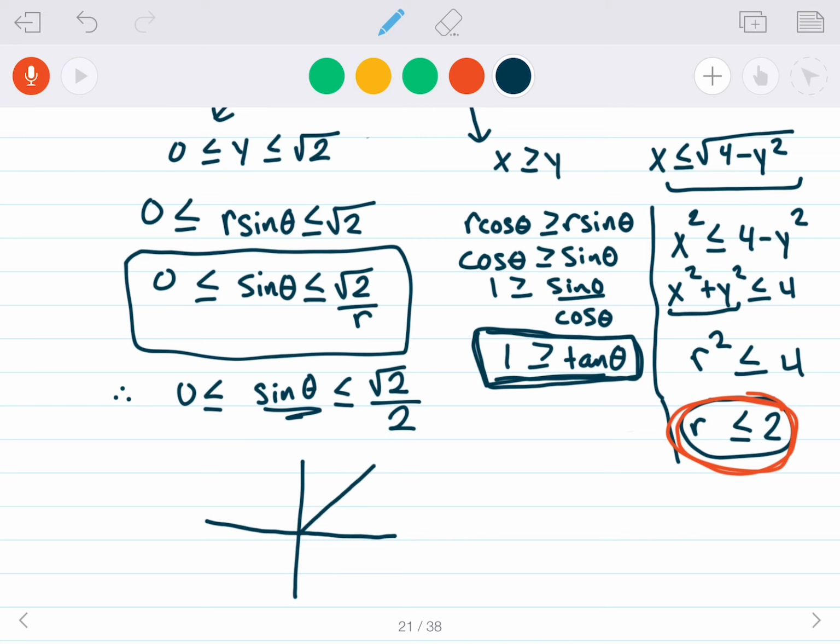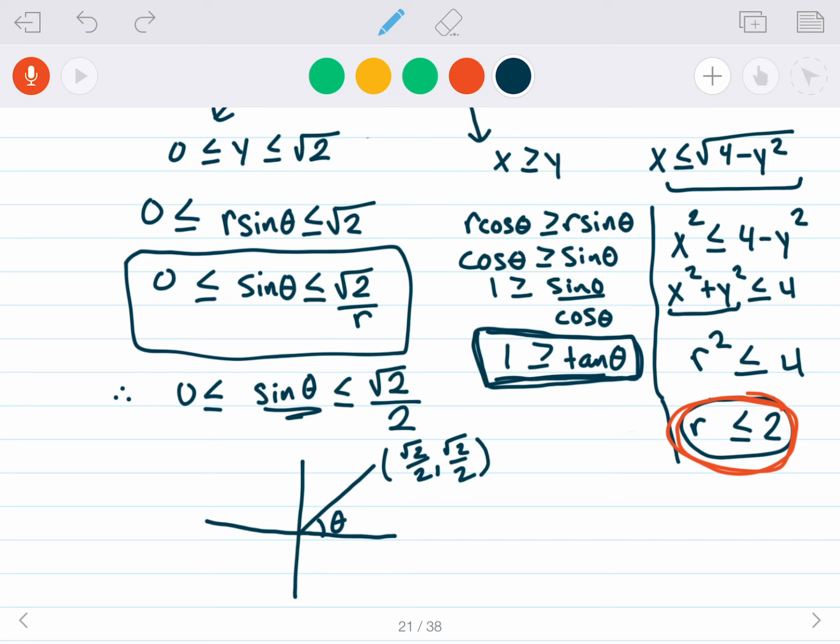Specifically, what angle has a sine of root 2 over 2? Remember, sine is our y value. Well, that has to be pi over 4. So theta is going to vary between 0, because sine of 0 is 0, and pi over 4. So we already know what our bounds for theta are going to be, 0 to pi over 4.